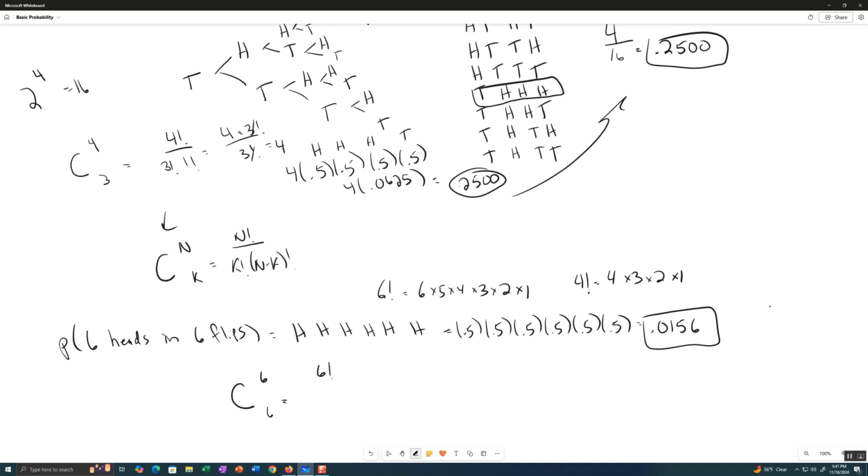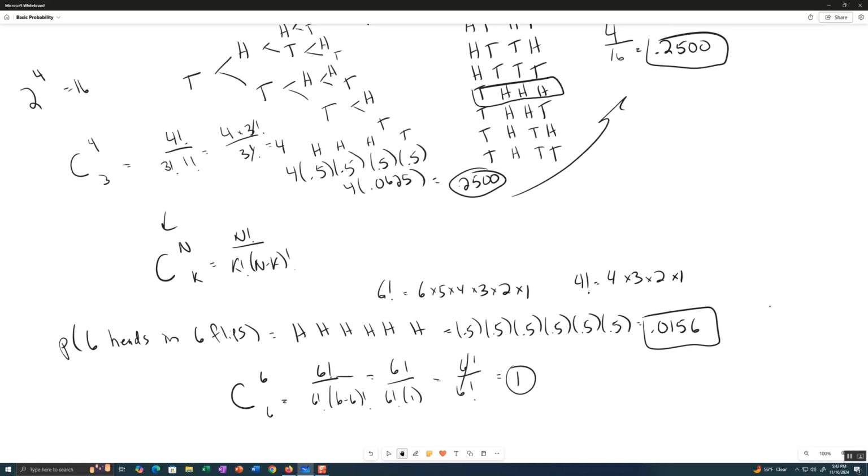So this would be 6 factorial over 6 factorial times 6 minus 6 factorial. And this would be basically 6 factorial over 6 factorial times 0 factorial. Now 0 factorial is 1. So that gives me 6 factorial over 6 factorial, which cancel out, right?